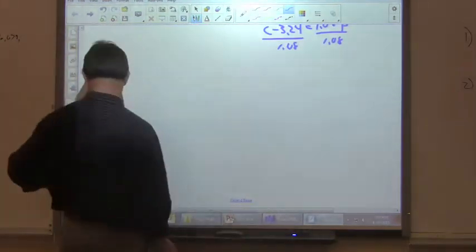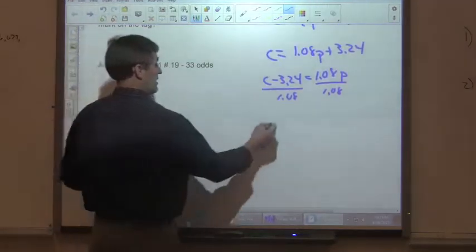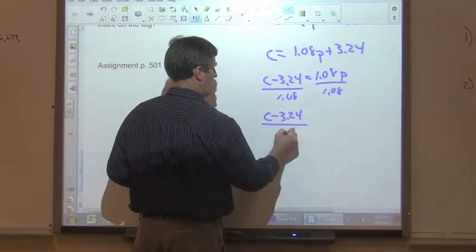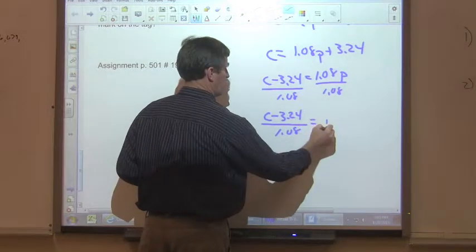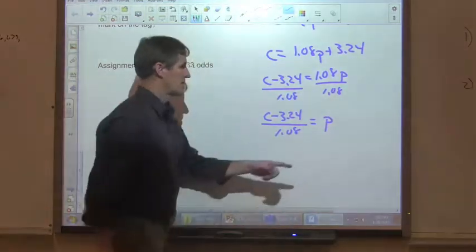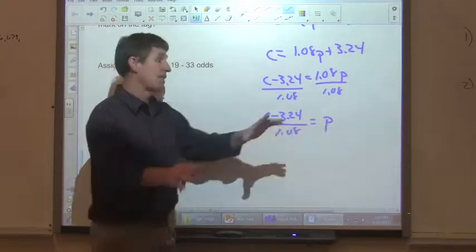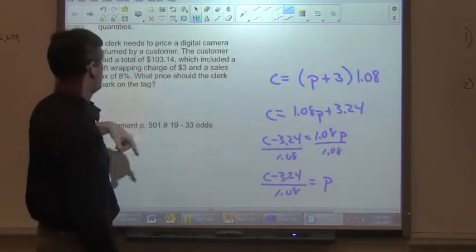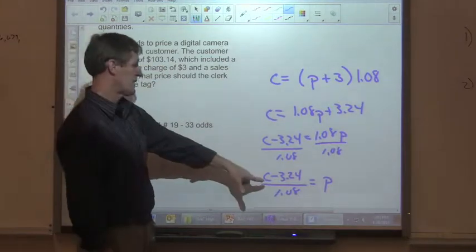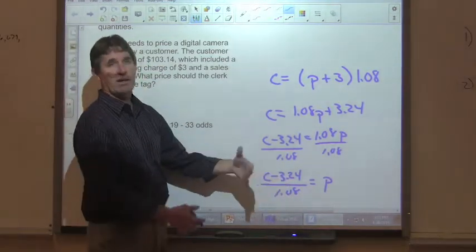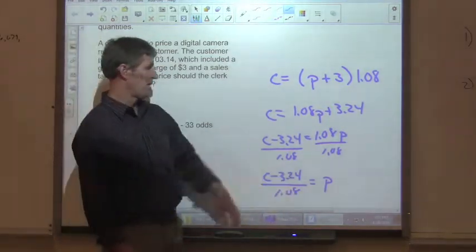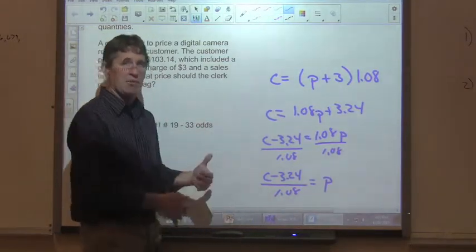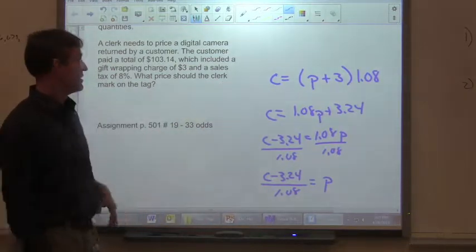And so we get C minus 3.24 over 1.08 equals the price the item was. Now in this case we know we can go ahead and plug in $103.14 into our formula now, and we can find the price. But this formula, this would be the inverse formula, so that we can find the price of any item that was returned and know what to put it on the shelf as.